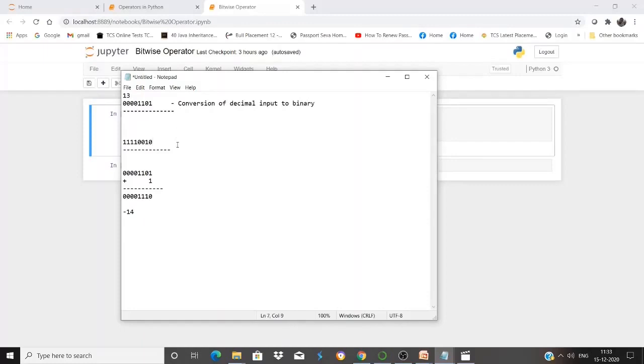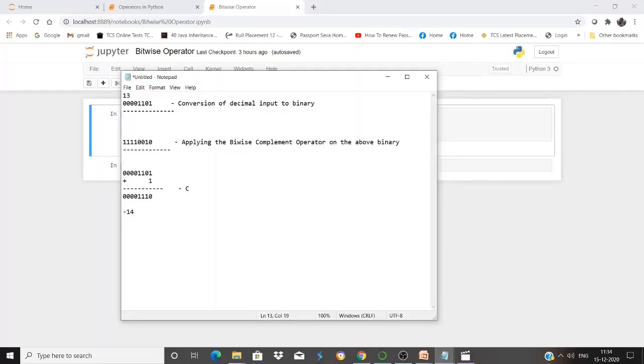The second part is about applying the bitwise complement operator on the above binary, and the third part is the entire remaining part.